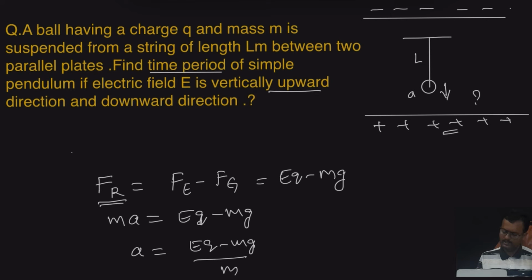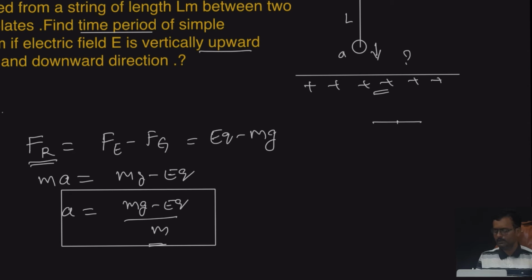So we take here mg minus EQ. For a simple pendulum, suppose gravity is in the downward direction on a mass m with no charge, then the time period formula is 2 pi square root of L by g.